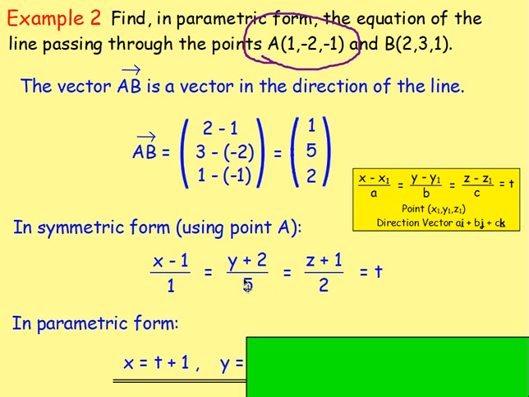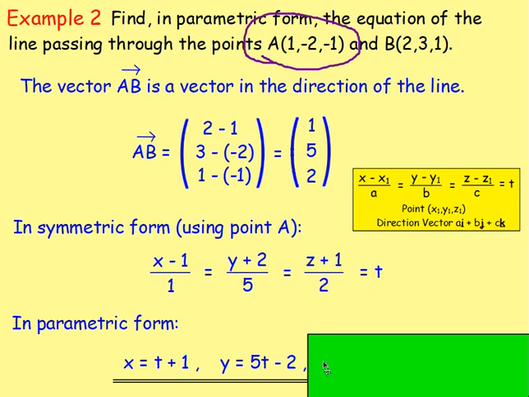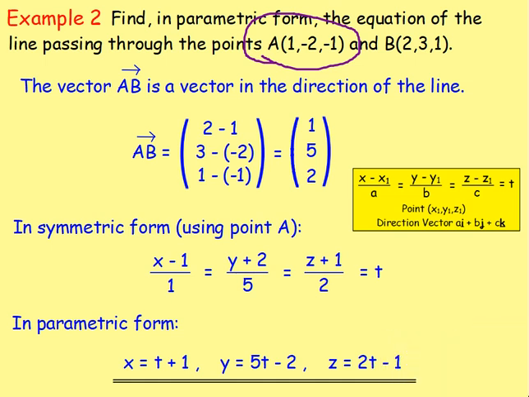So multiply both sides by 5, so y add 2 equals 5t, and then take 2 from both sides. So y would equal 5t take away 2. And z plus 1 over 2 equals t, multiply both sides by 2, so z add 1 equals 2t. Subtract 1 from both sides and z would equal 2t take away 1. So that is the equation of the line in parametric form.